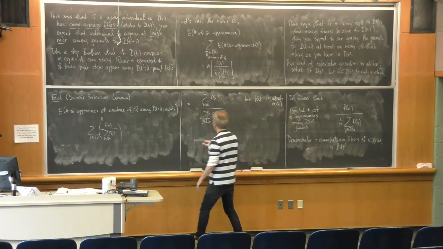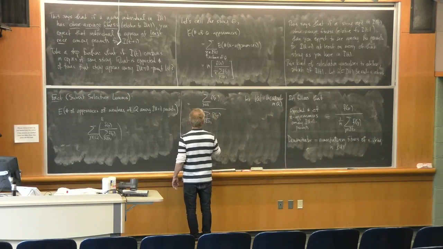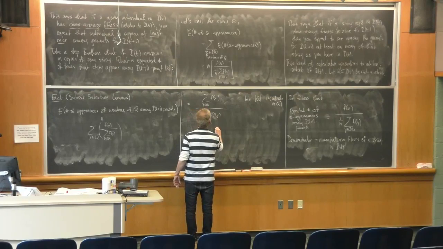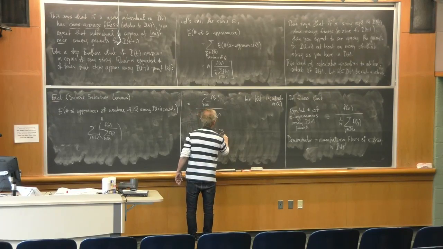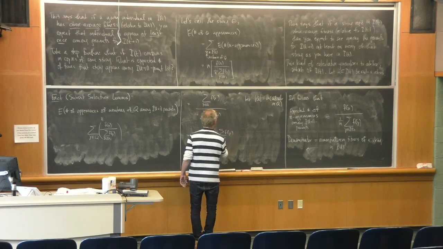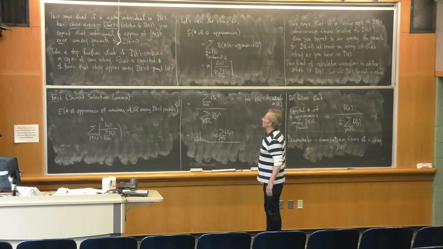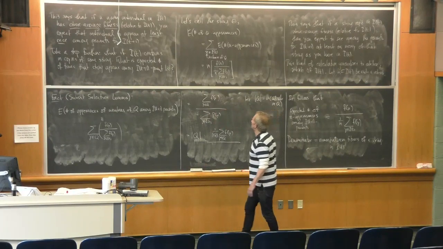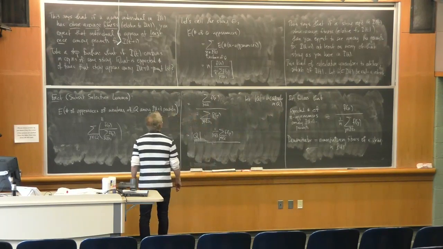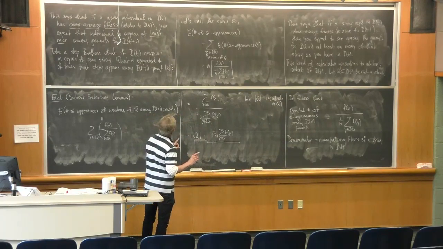This is the same as the number of Q, times, in the numerator, 1 over the number of Q, sum y in Q of f of y. And in the denominator, there's a missing n here somehow. Oh yeah, there should be an n.